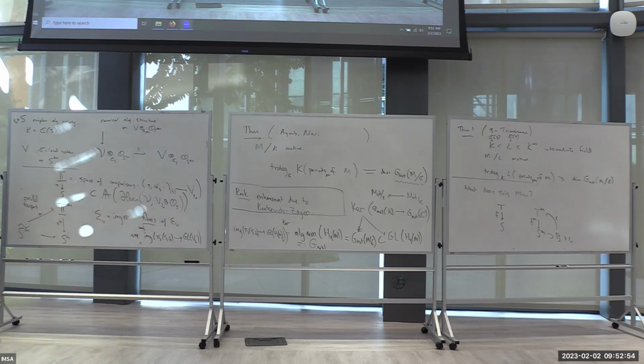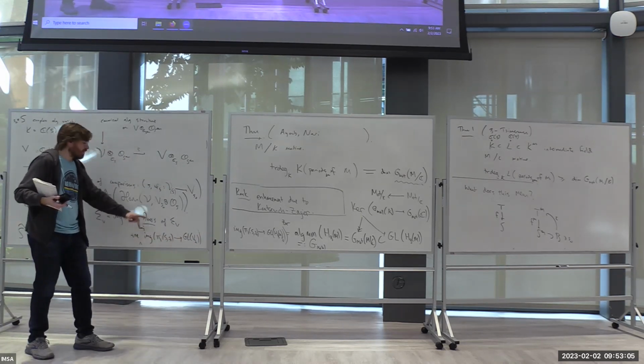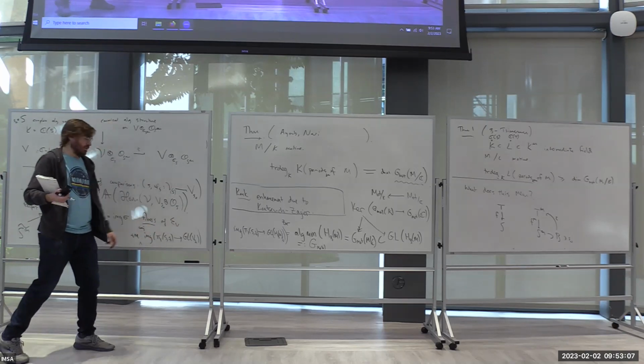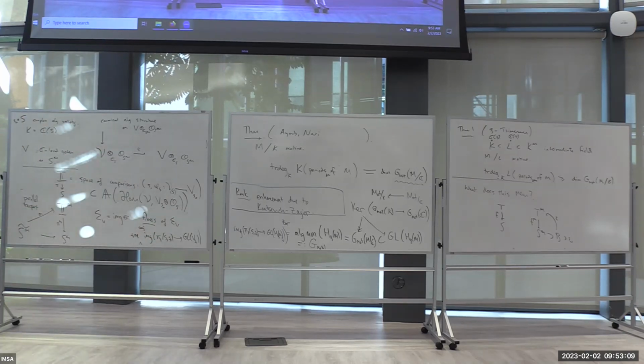Right? Because set-wise, over a point S, I'm just getting all parallel transport operators to S. So that's just a conjugate: take the image of the monodromy representation and conjugate by your favorite choice of parallel transport from S naught to S.